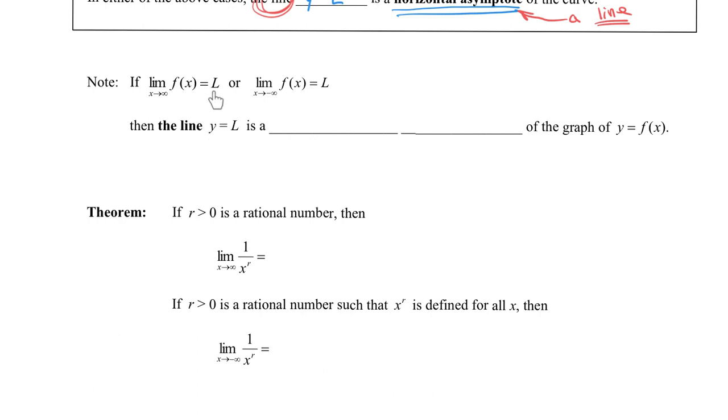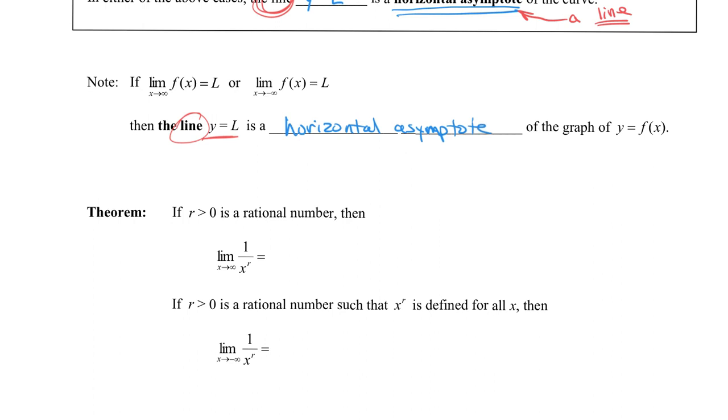So if you get a limit of L, that means the line y equals L, again, it's a line, remember, is a horizontal asymptote of the graph of y equals f of x.